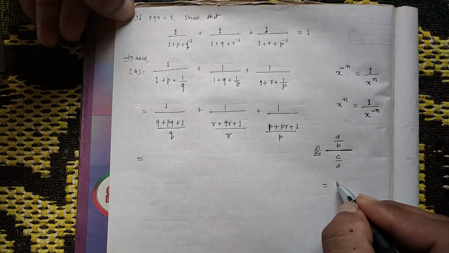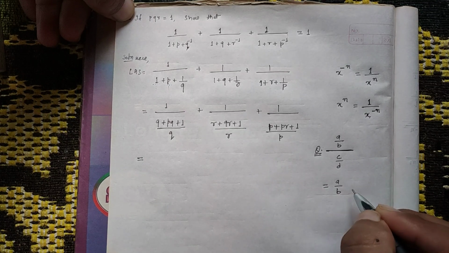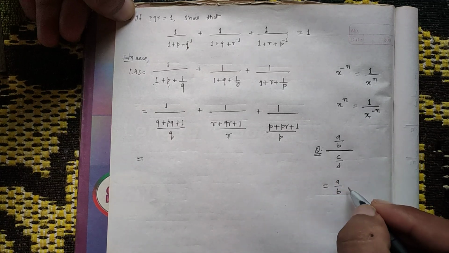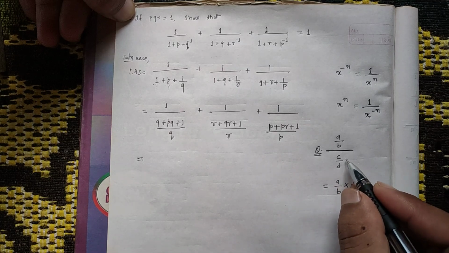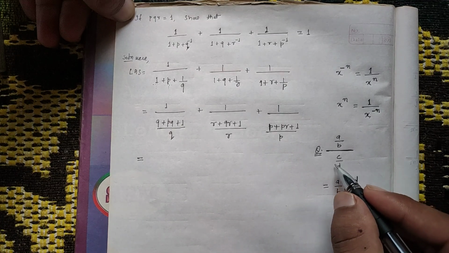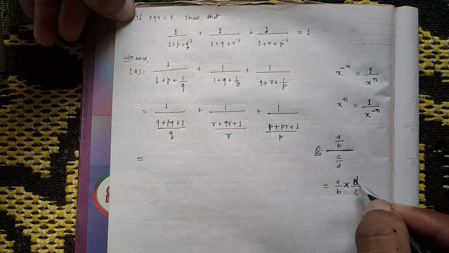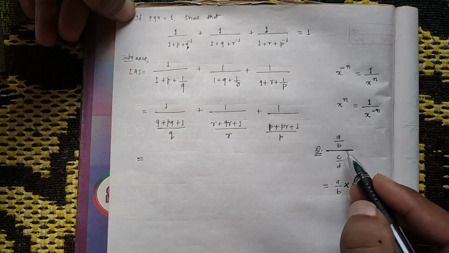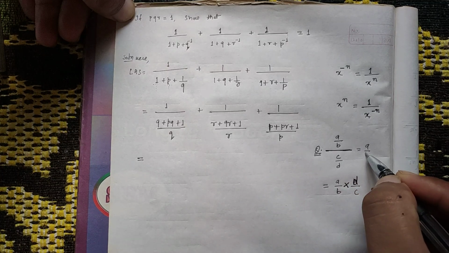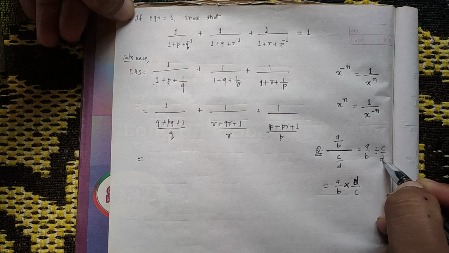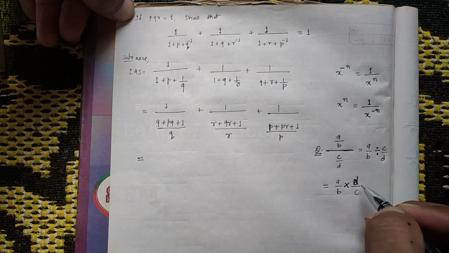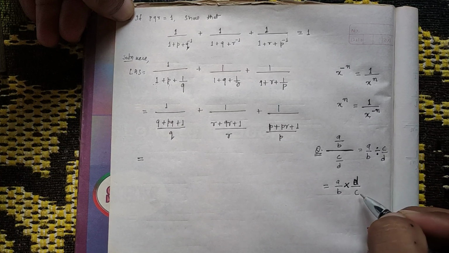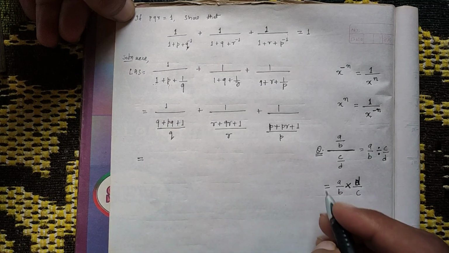While we write the denominator in multiply form, c by d becomes reversed. So you can write it as a by b divided by c by d. While you change this divide form into multiply form, it is just reversed. Denominator becomes numerator, numerator becomes denominator. So we are going to do like this here.